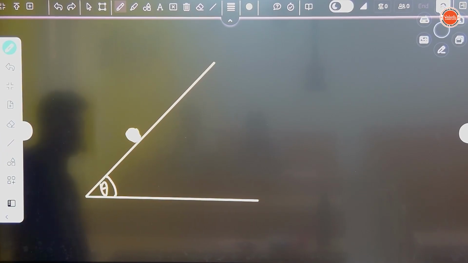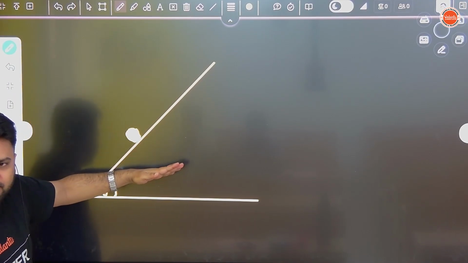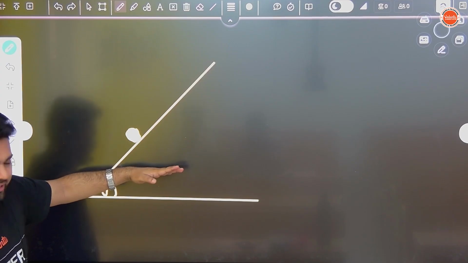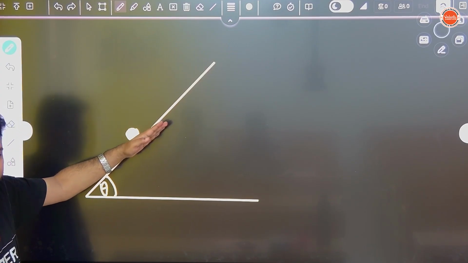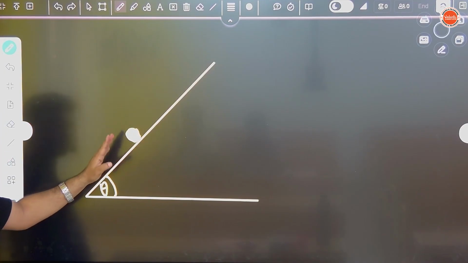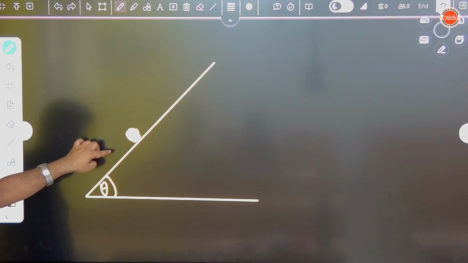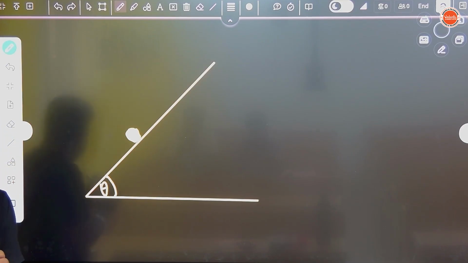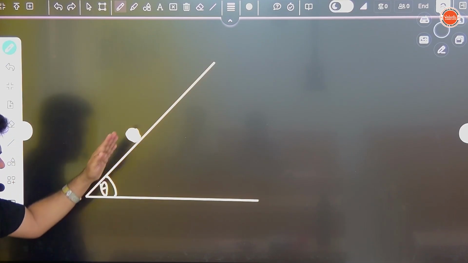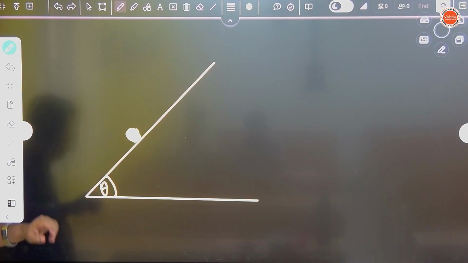Initially the angle was less, the ball was not moving. You increase the angle, still the ball is not going down. You increase more, still the ball is not going down. At this position, the ball just tends to go down. If you give a little bit extra angle, the ball will fall down.